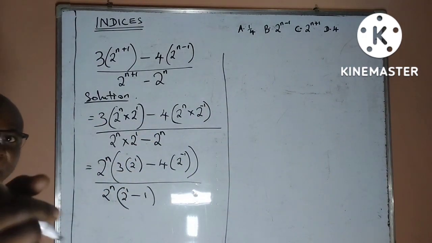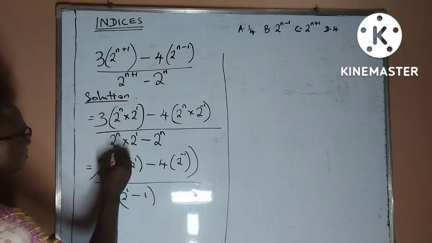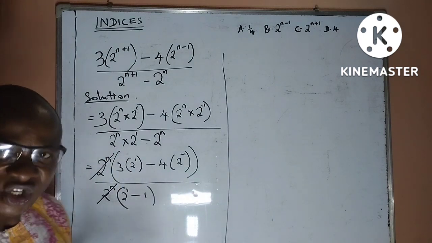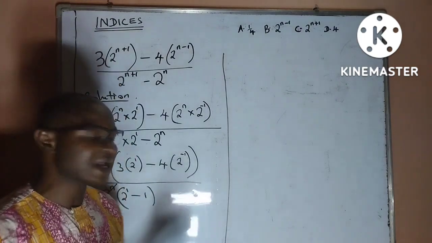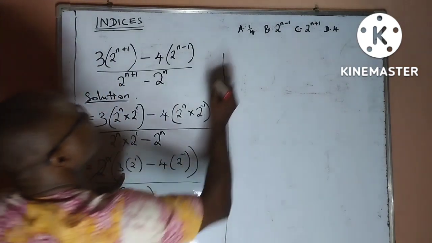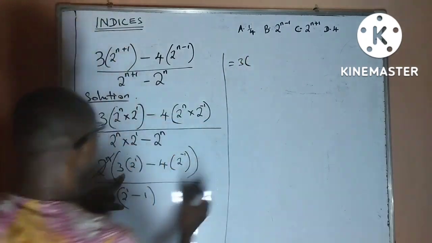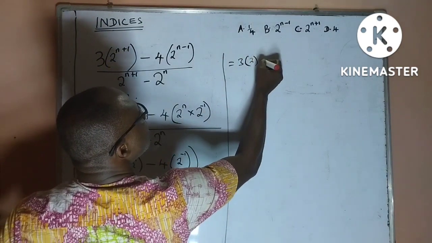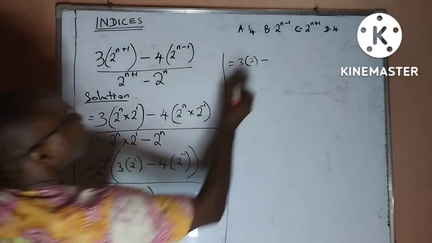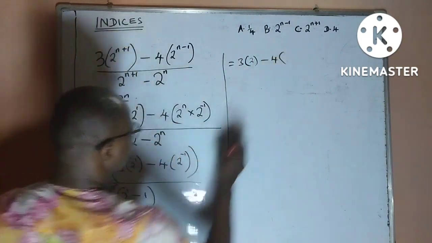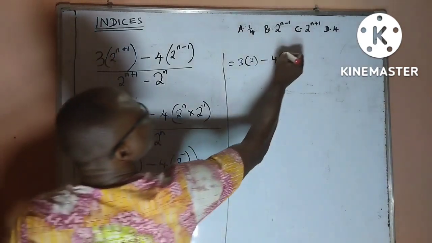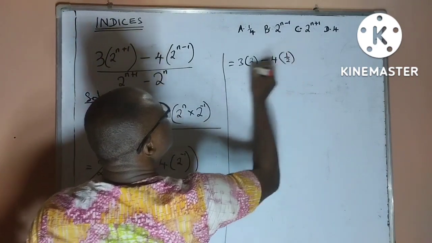From here, permit me to cancel out this and this, since what I have at the numerator is also at the denominator, I can cancel it out. So what I have left is 3 into, of course, 2 raised to the power 1 is 2, minus 4 into, of course, 2 raised to the power minus 1 is the same thing as 1 all over 2.